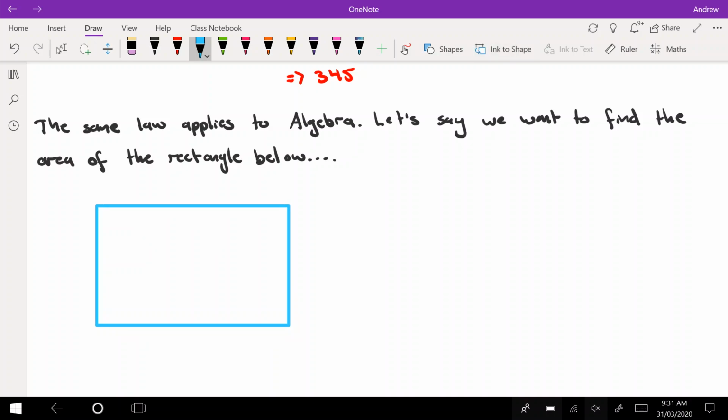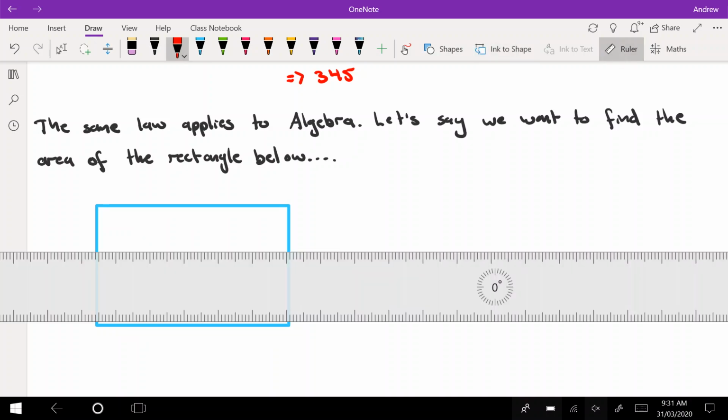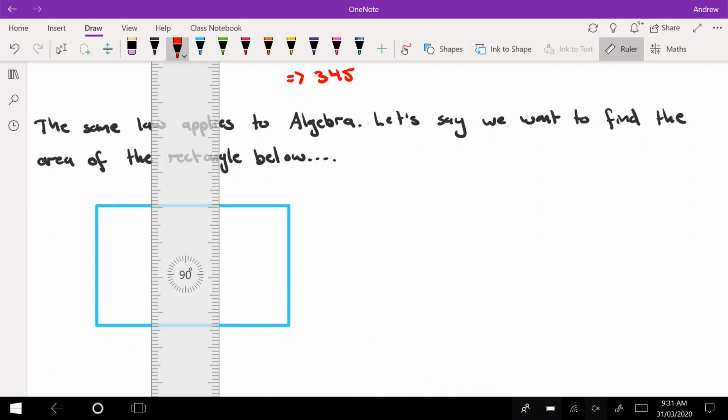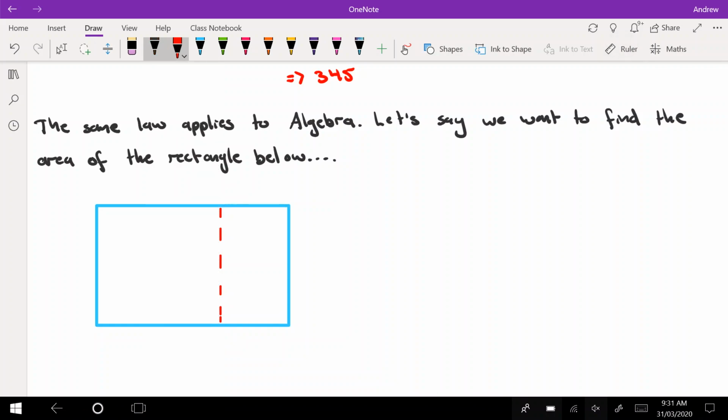Okay, and then I'll add a red dashed line round about here. Let's say that this length over here is equal to 5. This is x, and that's 1.